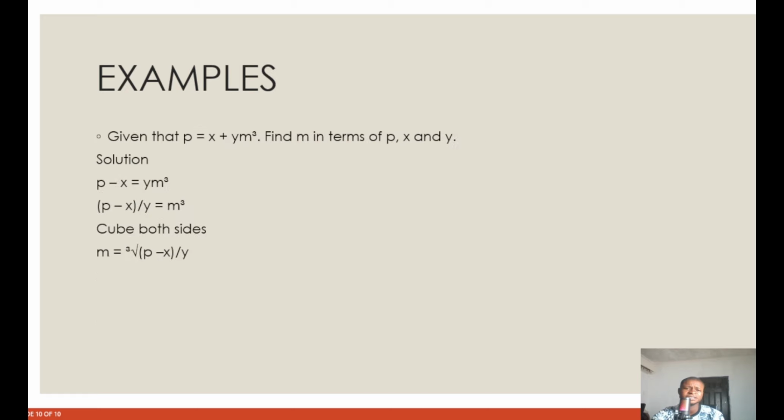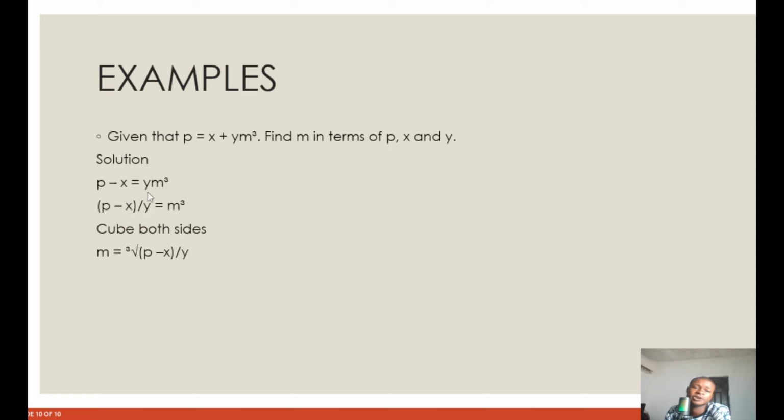So let's check this as well, and that is: given that p equals x plus y m cubed, we are asked to find m in terms of p, x and y. This is very simple, and it means that we are asked to make m the subject of the formula. So we move the other ones to the other side, and that is why we said that x goes first.